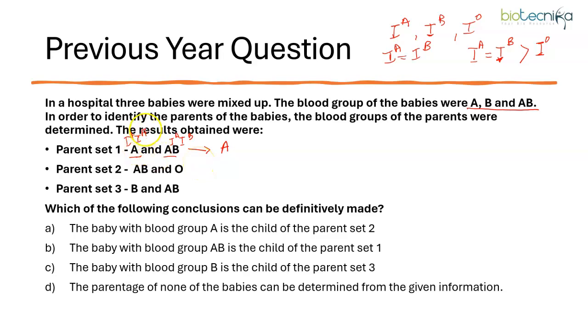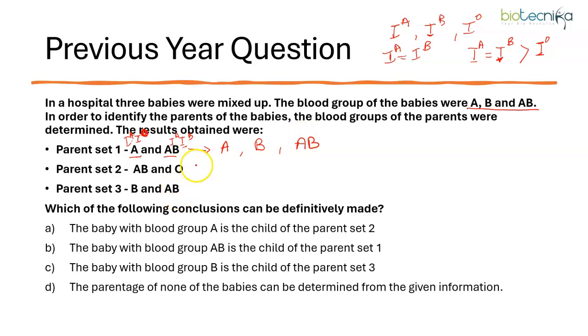But this individual can also be heterozygous and have a genotype of IAIO. In this situation, IB can come with IO and form an individual with B blood group, and the IB allele can combine with IA to make the AB blood group. So these three possible phenotypes are there.